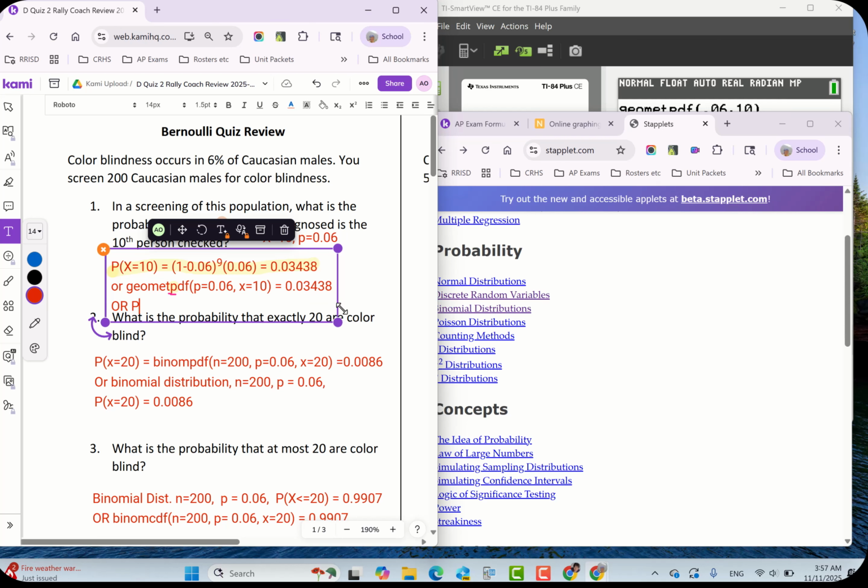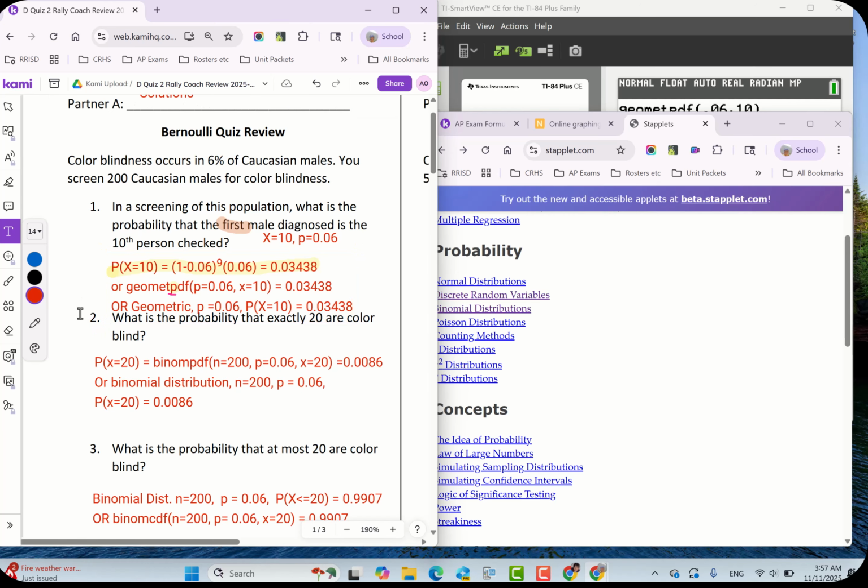Or write down geometric, P equals 0.06. So you're kind of doing what you're doing up above. X equals, and then just say probability X equals 10 is, so that's another way to show work. If you tell me the distribution and what the values are in that distribution, then you get credit.